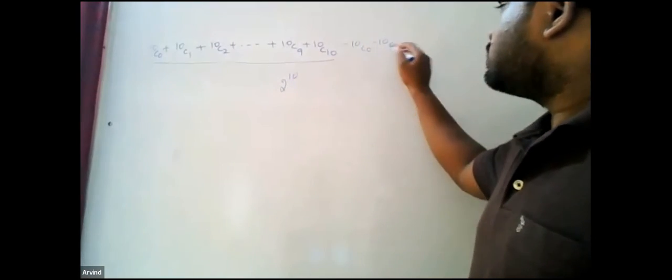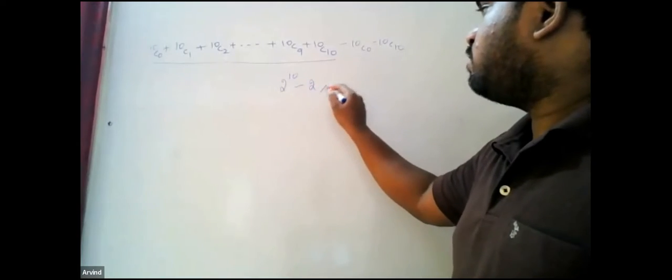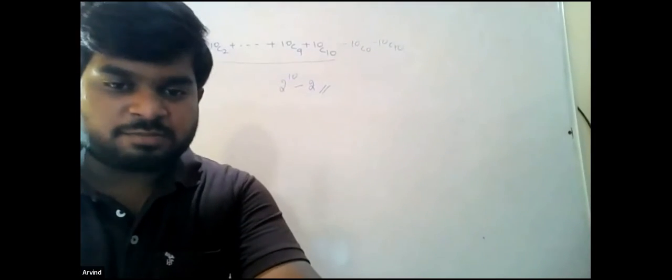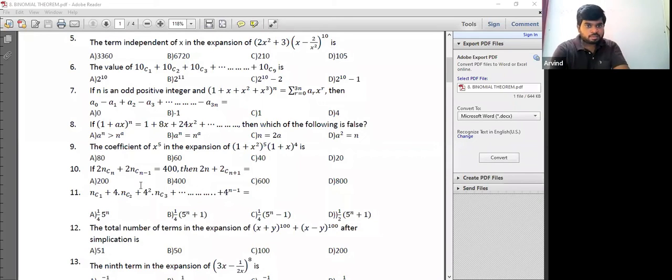This value is 1, this value is 1. So minus 1 will become minus 2. So that's the answer. In CET exams, this is how you get the questions. It is 2 to the power 10 minus 2, option C.